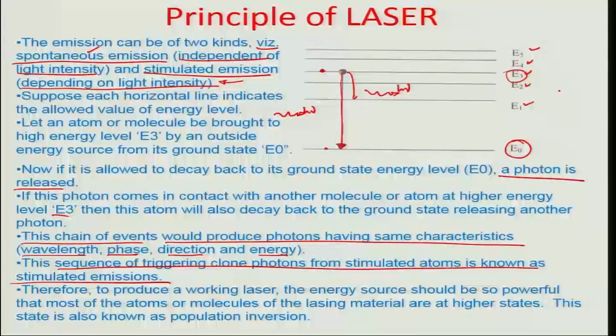So therefore, to produce a working laser, the energy source should be so powerful that most of the atoms or molecules of the lasing medium are at higher states. So you have to make it absorb as much intensity of light, okay, at certain energy, and you have to ensure that the whole medium has been inverted. So this is called an inverted medium, where all the atoms would be present in the excited state rather than the ground state.